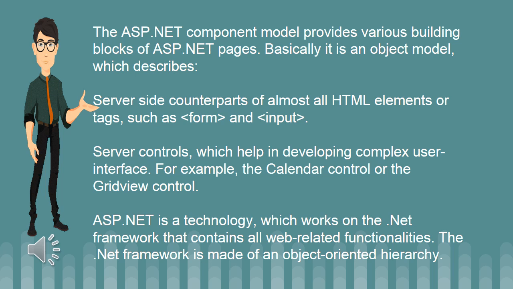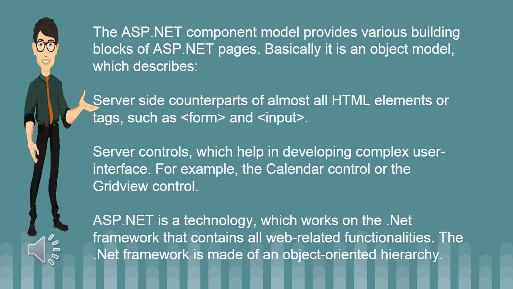ASP.NET is a technology which works on the .NET Framework that contains all web-related functionalities. The .NET Framework is made of an object-oriented hierarchy. An ASP.NET web application is made of pages. When a user requests an ASP.NET page, the IIS delegates the processing of the page to the ASP.NET runtime system.